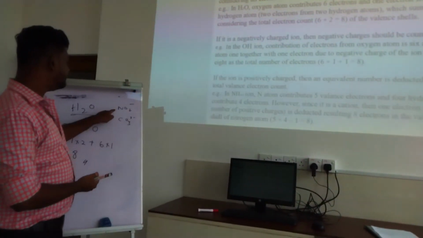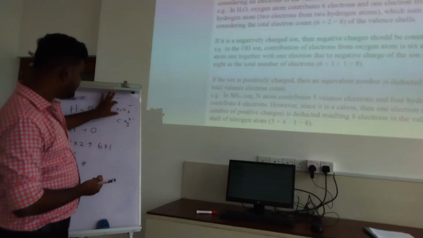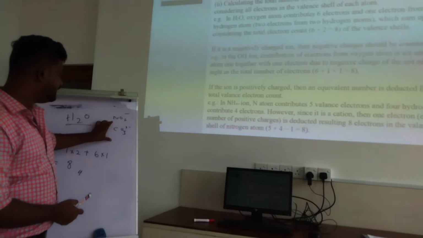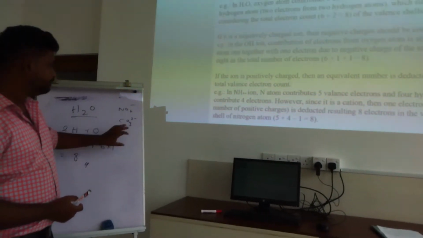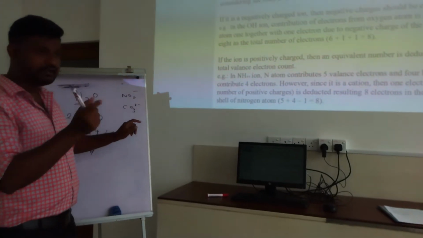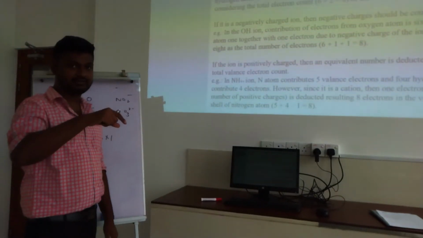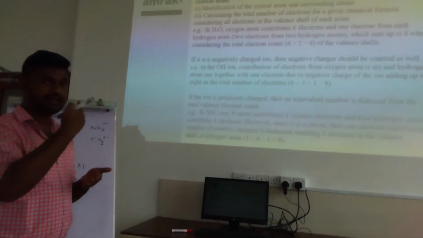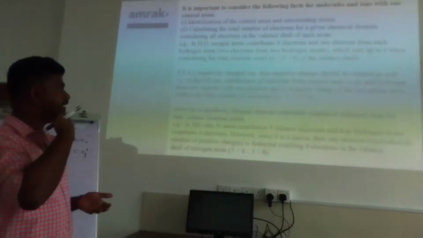For NO2 minus, along with the valence electrons, you have to count 1 extra electron. For CO3 2 minus, you have to count C plus 3 oxygen atoms' valence electrons plus 2 electrons together, because a negative ion means we are gaining electrons. So then we have to add them.